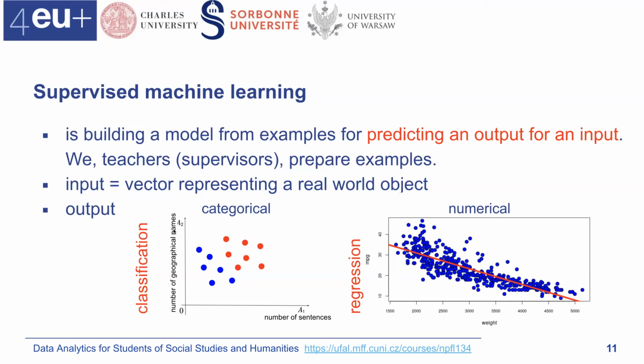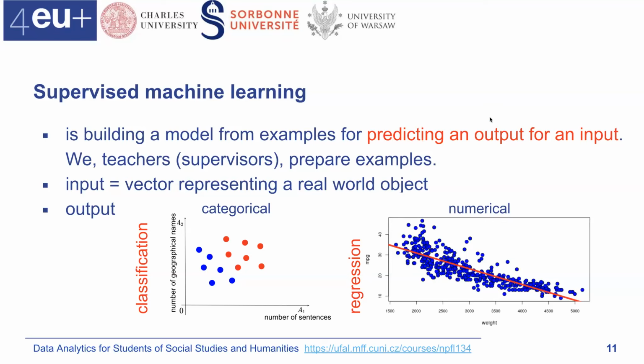And these points represent examples that we have, and some of them are blue and some of them are red. Some of them belong to the class non-spam, and some of them are spam. So the prediction is classification, and we classify real world objects represented as a vector into classes.